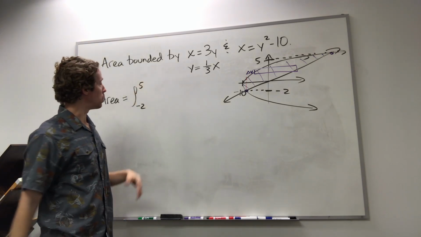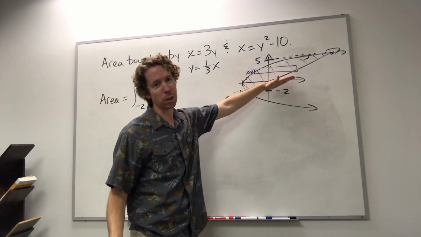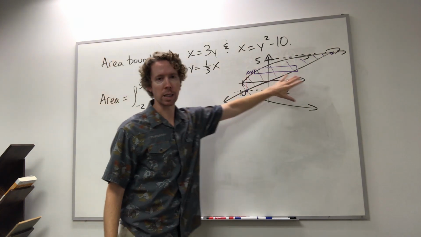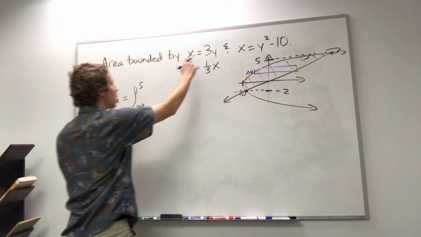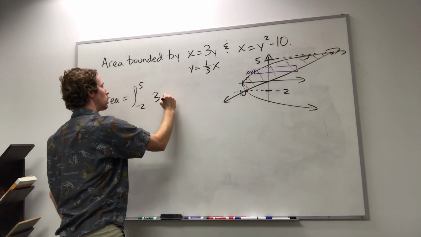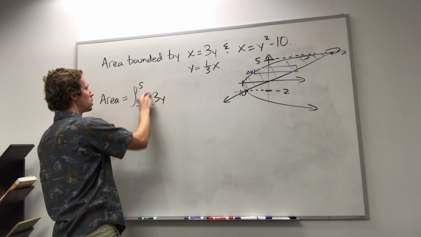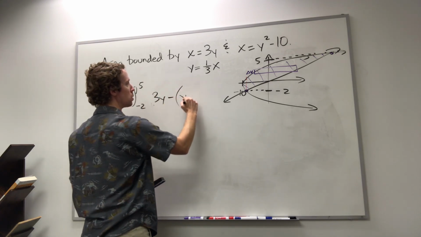And again, I'm doing the top function minus the bottom function, but thinking along the x-axis instead of the y-axis. So the top function is this line, x equals 3y. I don't need parentheses. And then I subtract off the bottom function.